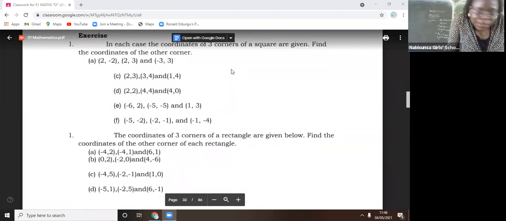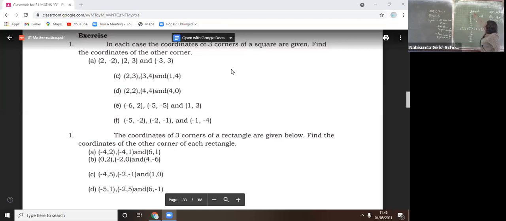Have we got the same? Teacher, when you're doing this graph work, do we use pencil or pen? When plotting, we use a pencil. Writing, we use a pen.